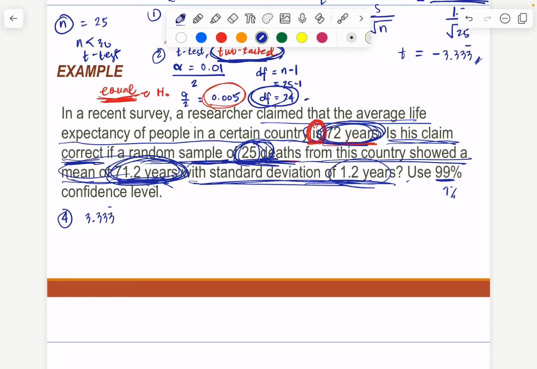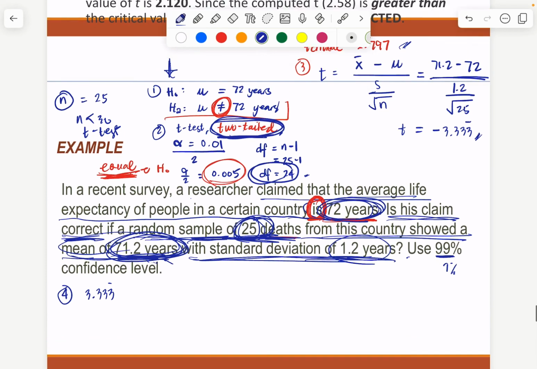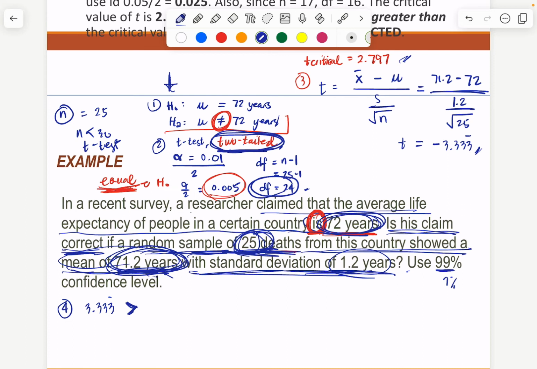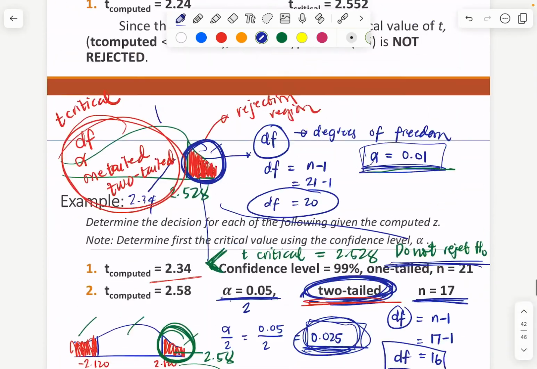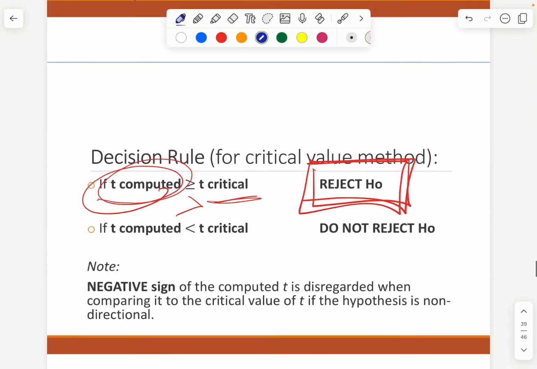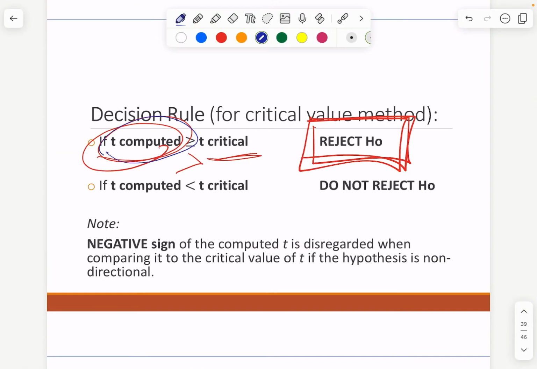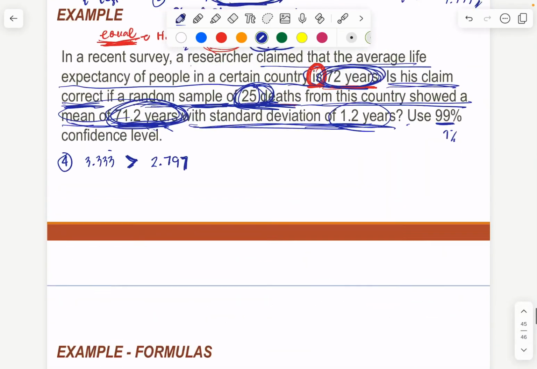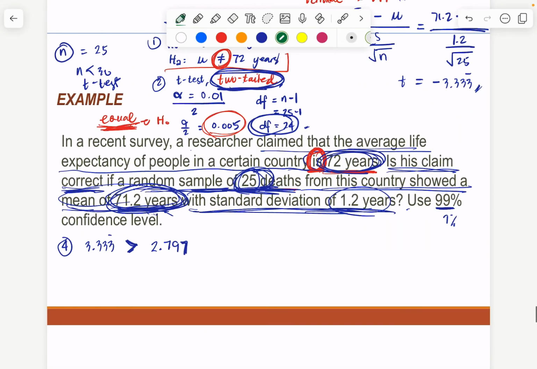Because we disregard the negative sign when using the decision rule. 3.333 is greater than our t critical of 2.797. So what will be our decision? Let's go to the decision rule. If t computed is greater than t critical, we have to reject the null hypothesis. So our decision for this problem is to reject the null hypothesis.